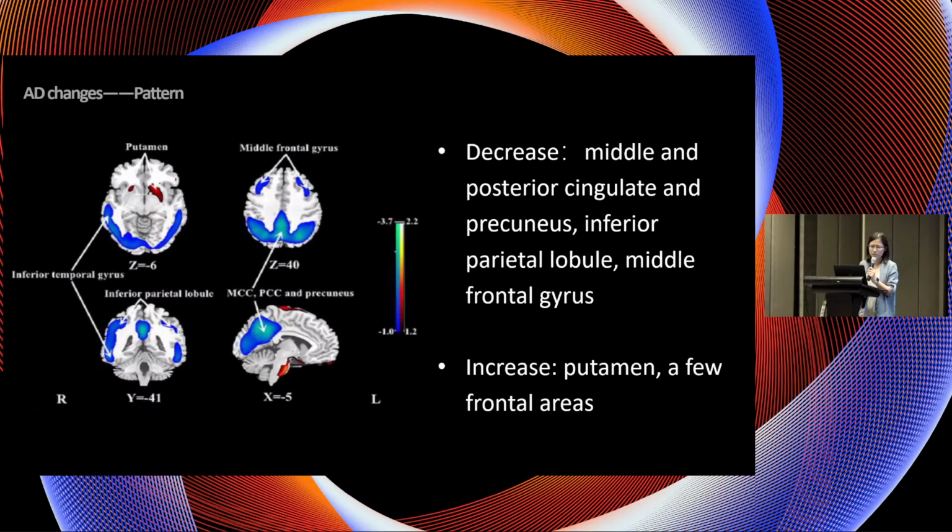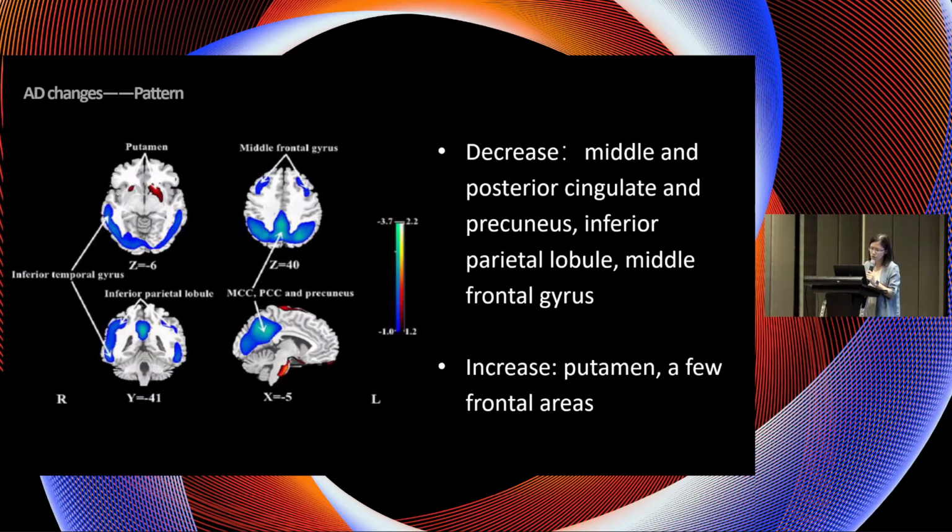To identify the AD-related pattern, we also applied SSM PCA. We can see that the covariance pattern shows that the relatively decreased areas include middle and posterior cingulate and precuneus, inferior parietal lobule, and medial frontal gyrus.